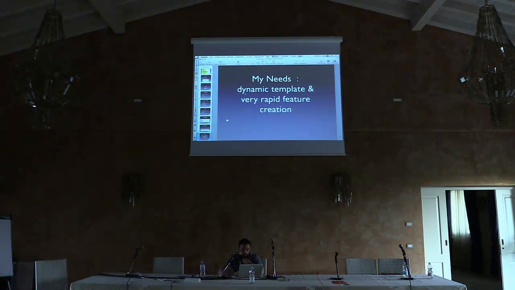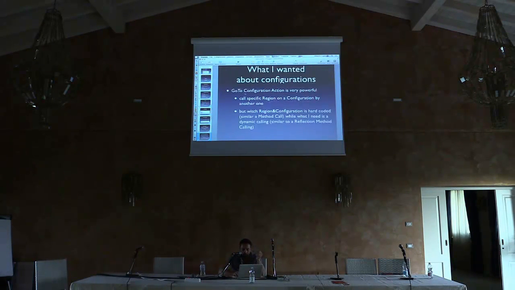In particular, my needs are dynamic templating and very rapid feature creation. What we want to have is a module container that can dynamically load another module. But the module is not hard-coded in the configuration because it can be changed at runtime.